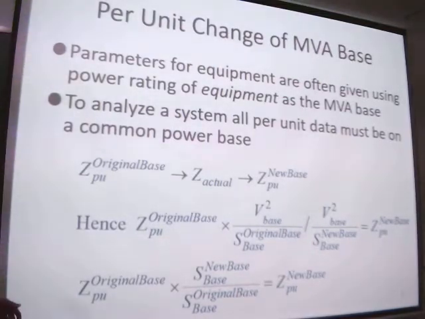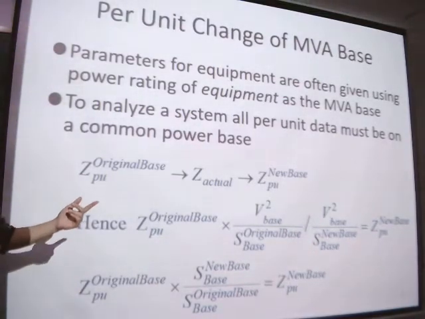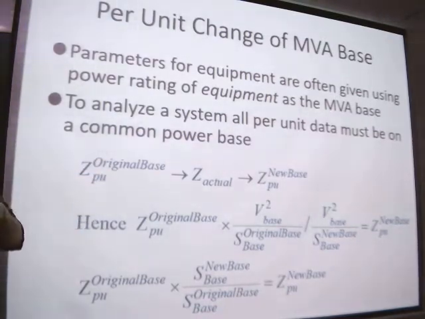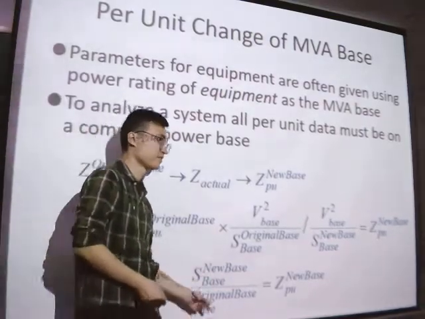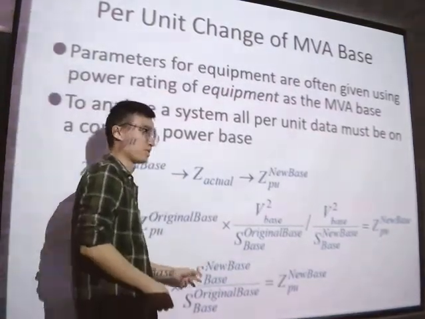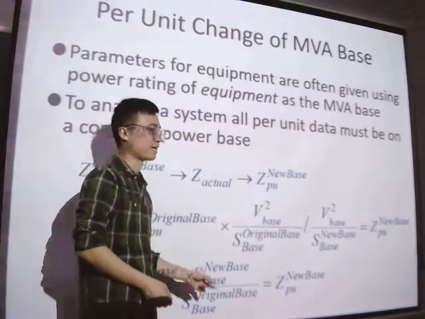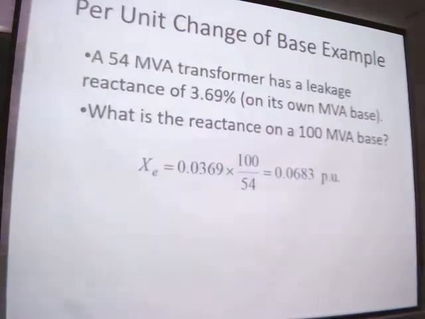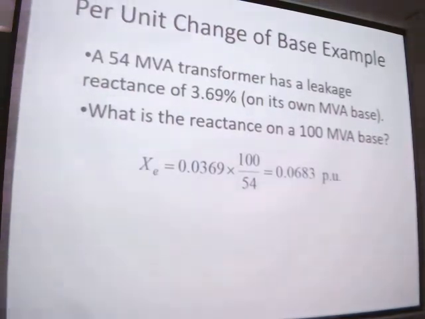So it's just a conversion from one per unit system to another, or we say from one base to another base. That's why we call it the power rating; we use the complex power as a base. It's quite simple.